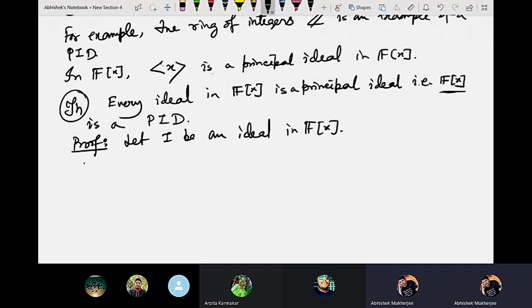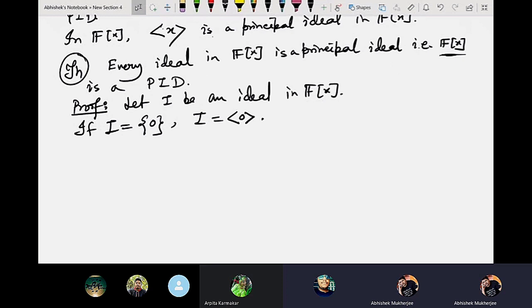The first one is if this ideal is a zero ideal, that is, it is generated by only the zero polynomial. Then I is generated by the polynomial 0, so it is a principal ideal. Every zero ideal is principal, so there is nothing to prove.